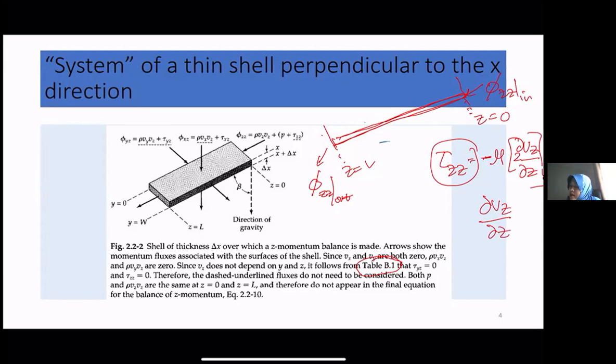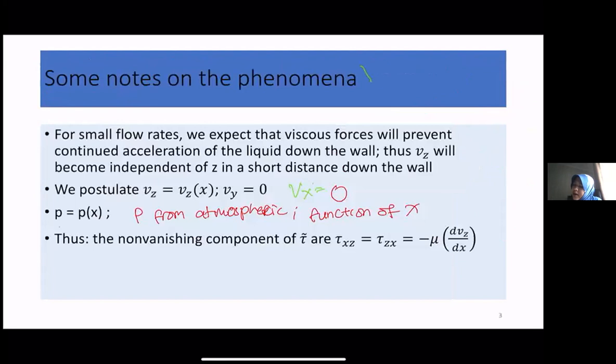Okay. If you look at here, phi z is only a function of x. So that means phi z is not a function of z. Jadi dia tidak berubah kalau panjang z-nya berbeda. So it becomes independent of z.